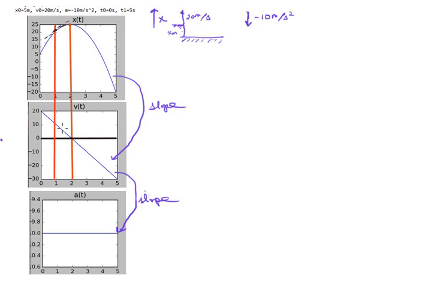The slope of this line is 10. If you go to t equals 3, over on the other side here, and I do the same thing there, I didn't do a very good job, but anyway, just to continue, there's a negative slope here. You can see this is starting to go down, and that corresponds to this being negative. In fact, the slope of the tangent line here at t equals 3 on the x versus t curve is whatever the value at t equals 3 is on the v versus t curve.